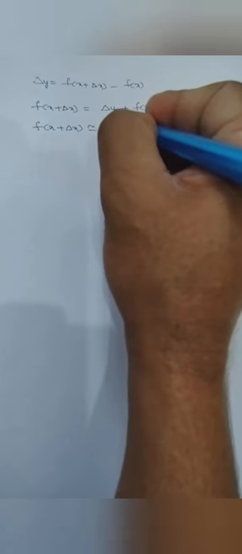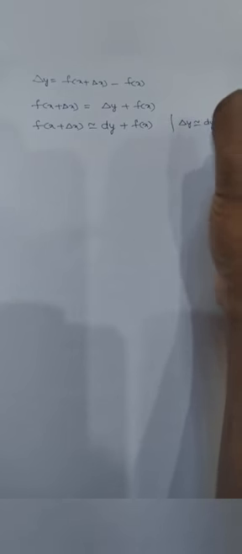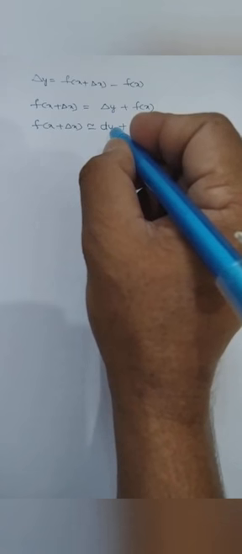Okay. So now I will find the approximate value of this one. What is that? F of x plus delta x is approximately equal to, in place of delta y, I will replace it with dy plus f of x. Here delta y is approximately equal to dy. We can get the dy value from equation number 2.